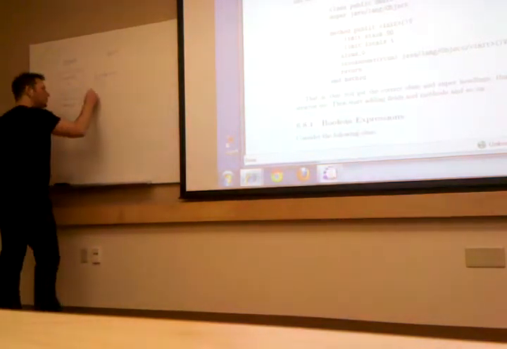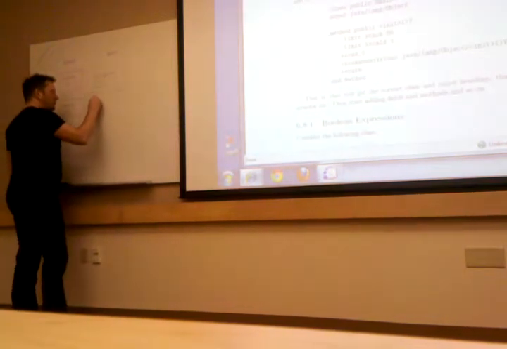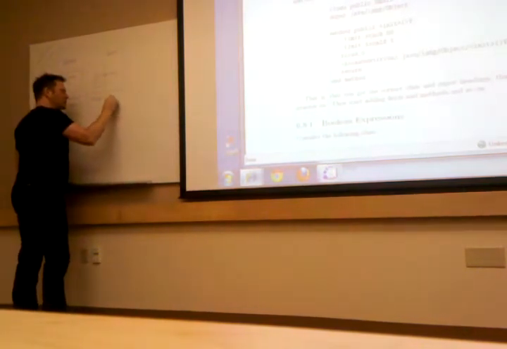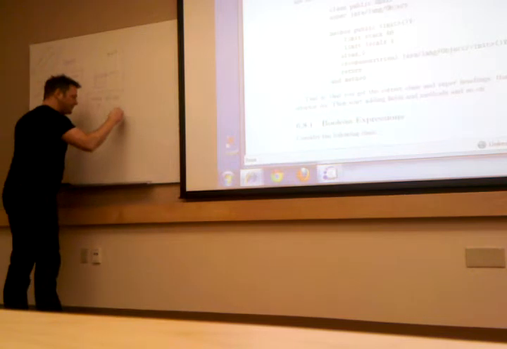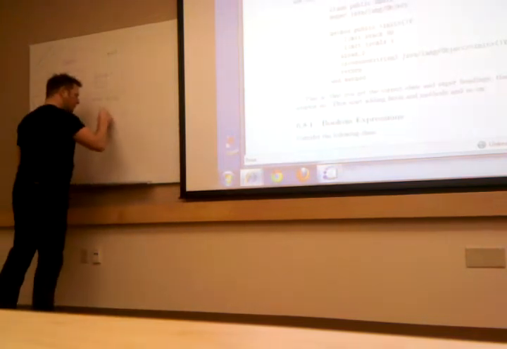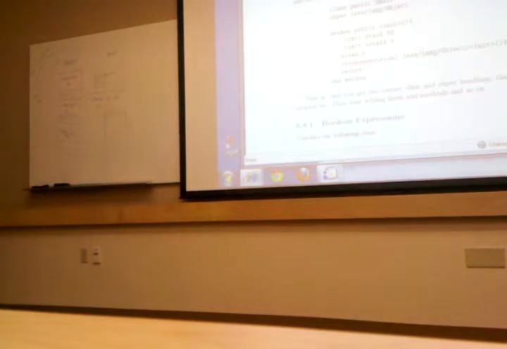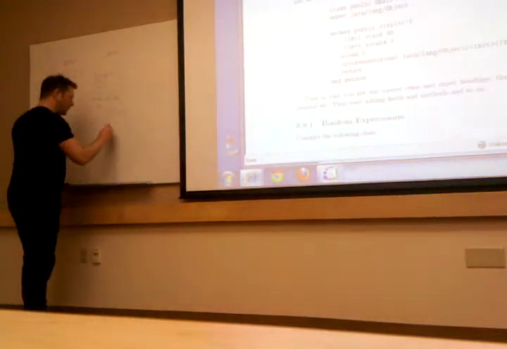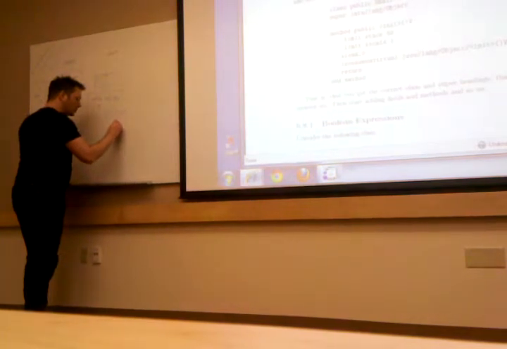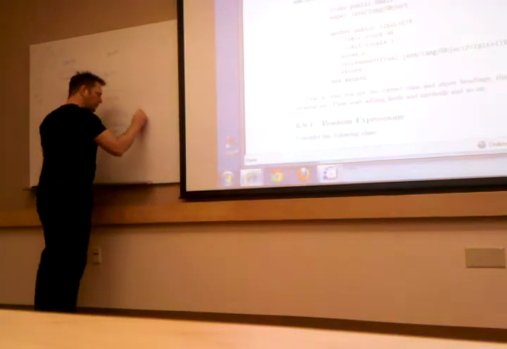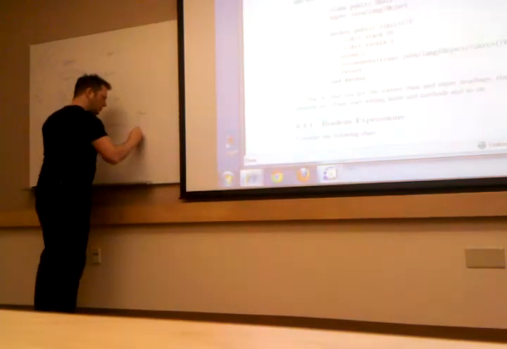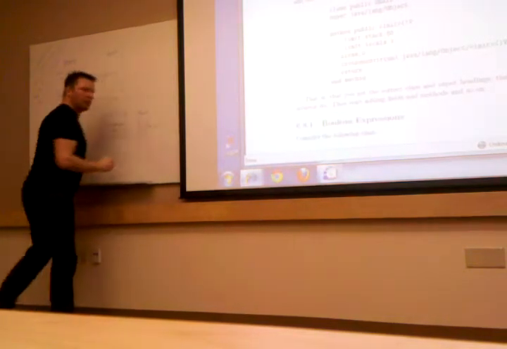Okay, let's try another one. How about while E do S? Well, again, let's lay out the code. What should the code look like? Well, for as long as E is true, keep doing something. And when E is not true anymore, stop. So if I go and visit E, I would get code for E here. And when that runs, it leaves either 0 or 1 on top of the stack.